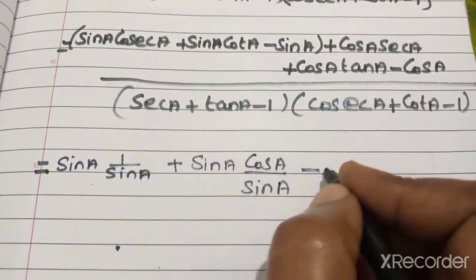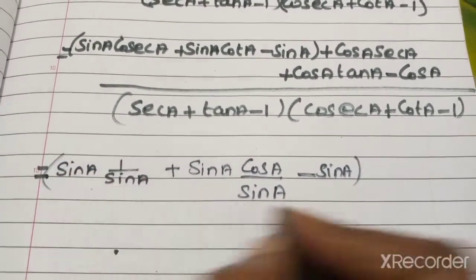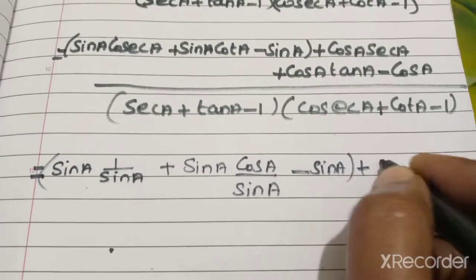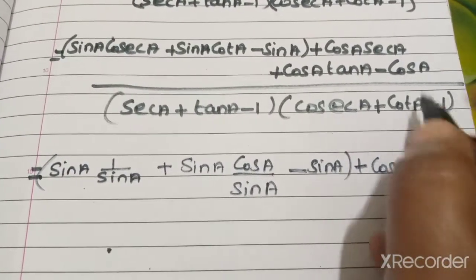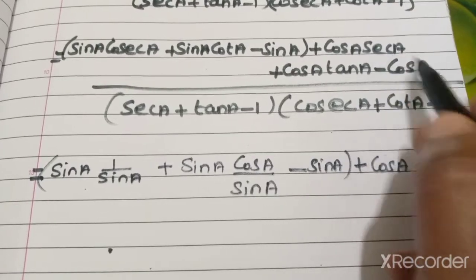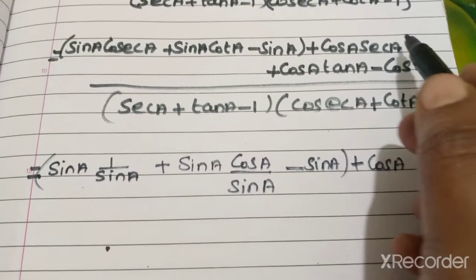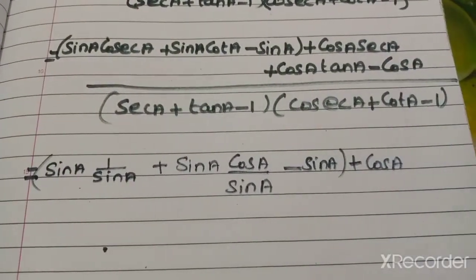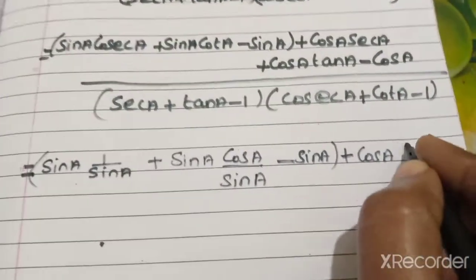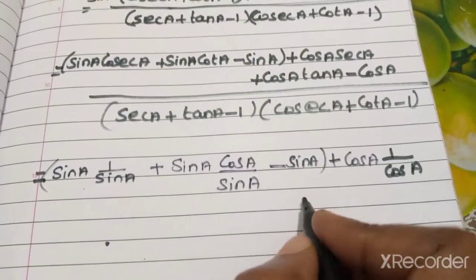Minus this one as it is, right, sin A, close the bracket, plus cos A into the secant. What is secant formula? 1 by cos theta. Is it? What is secant theta? 1 by cos theta. So let us use this. Secant theta is 1 by cos theta. Okay. So 1 by cos A. Then plus is there, no?